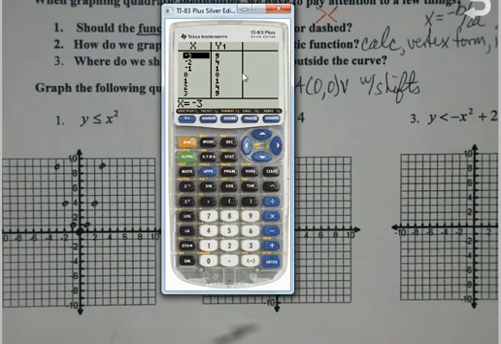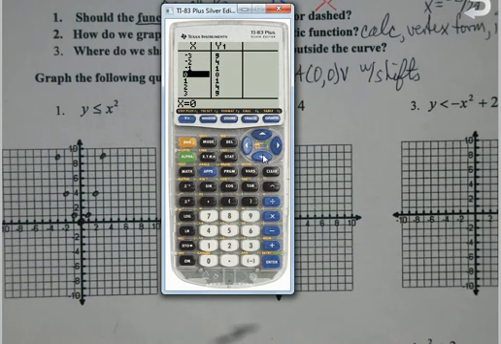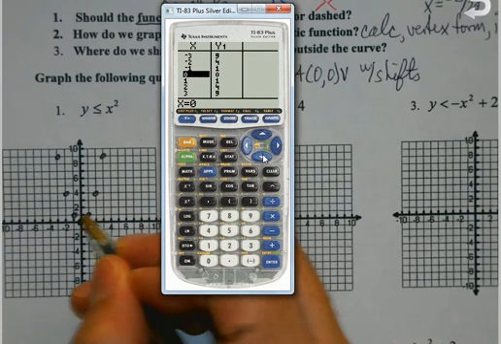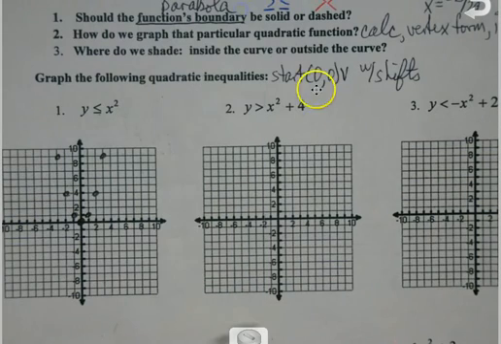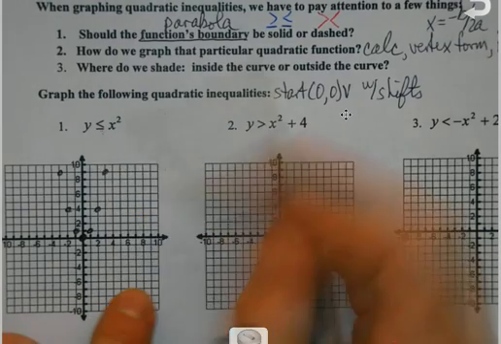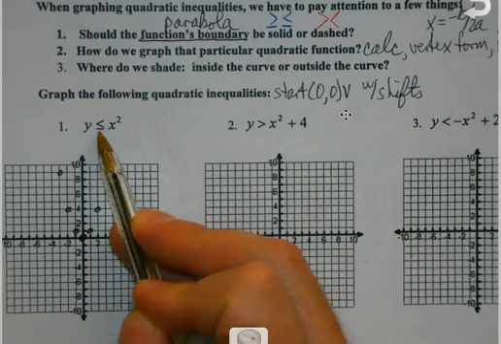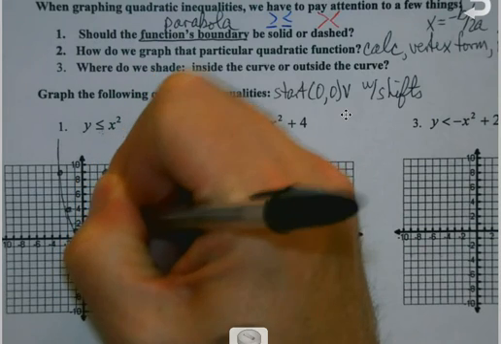So if I know where the center is, and I knew this time the vertex was at 0, 0, I can set that up and then just use the calculator to plot my other points. Okay? So, again, we have options. My boundary, my parabola, is going to be solid because it's or equal to. So nothing too fancy so far.